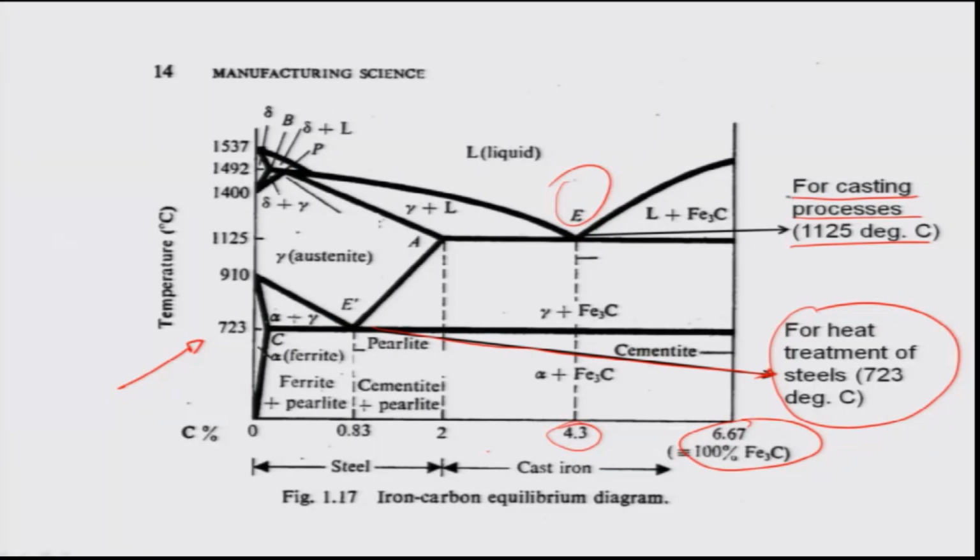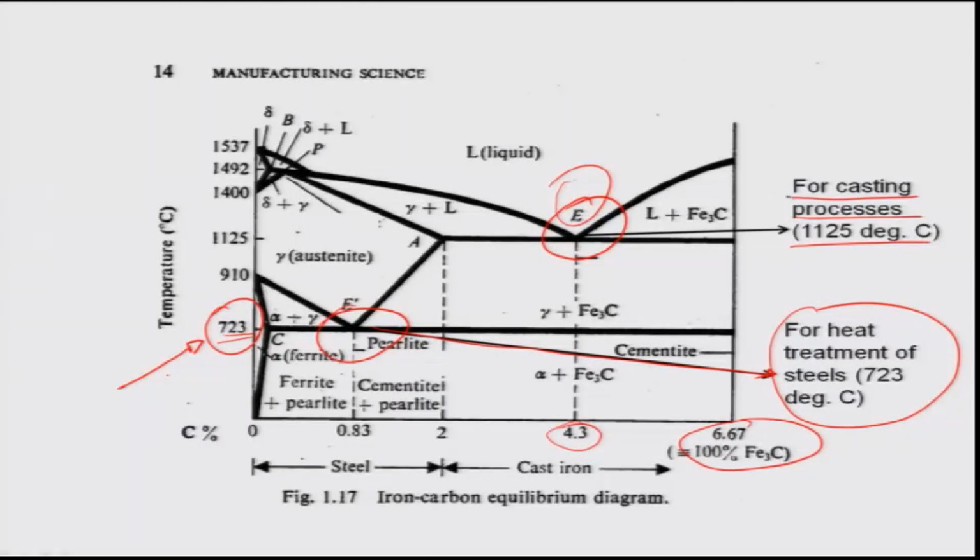It can be metal forming of various kinds. 723 degrees is very critical because you can change the properties of the material at this temperature by heating, cooling, and all sorts of chemical or heat treatment processes like carburizing, nitriding, and so on. So this temperature is very critical from a materials properties standpoint.